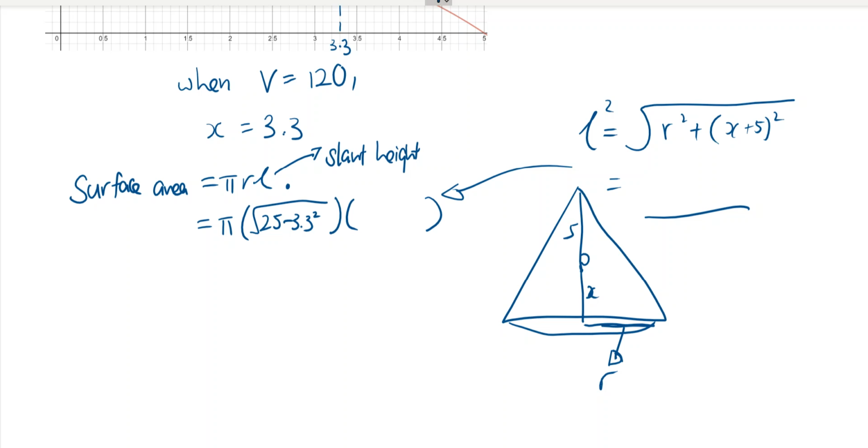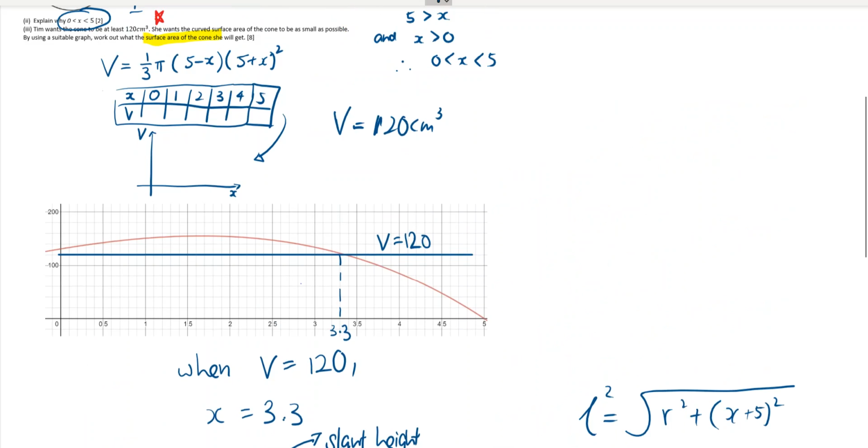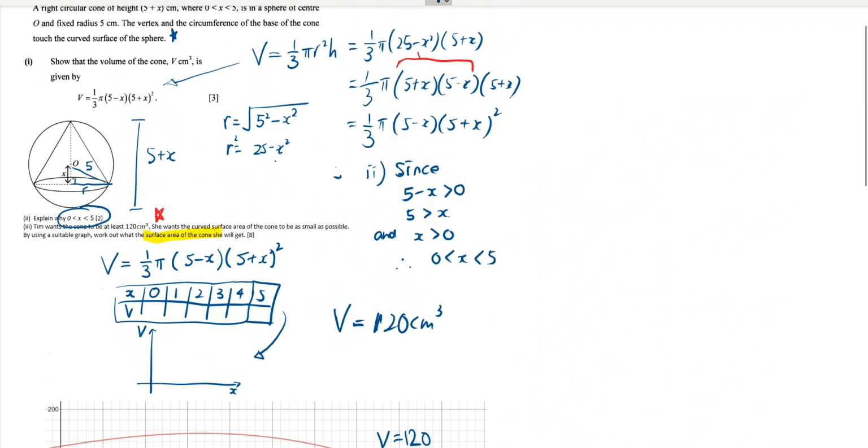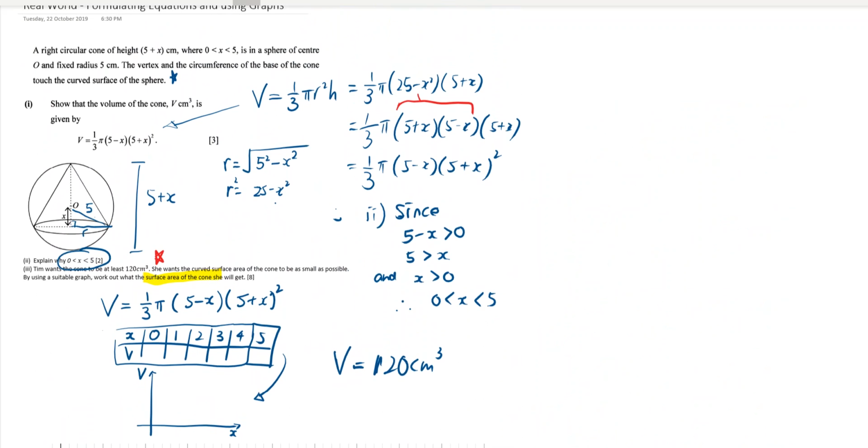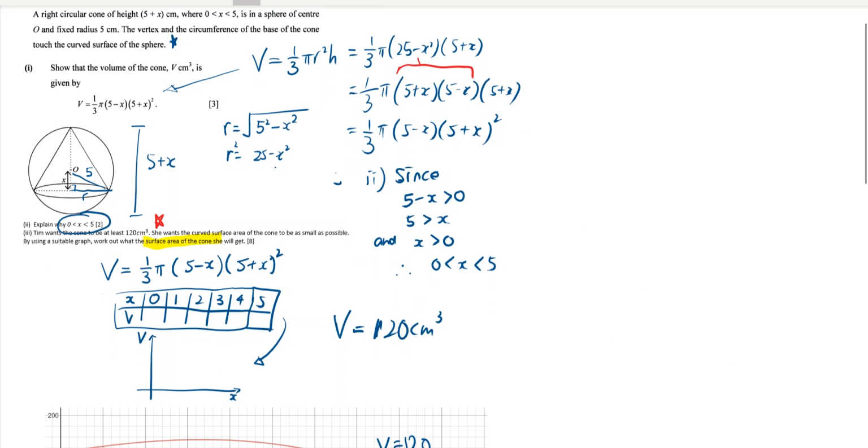The most important thing is when you see a real world application question, do not panic. Slowly work out the initial answer. The first few parts you will be able to get the answer. Usually, if it is about volume and surface area, make sure you apply accordingly.